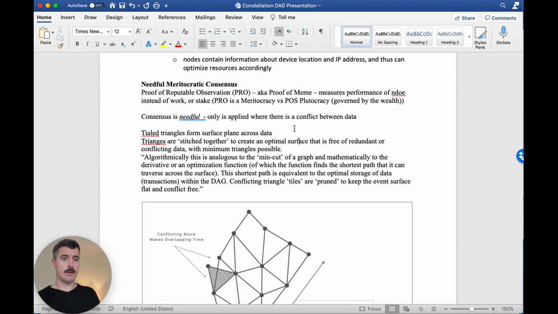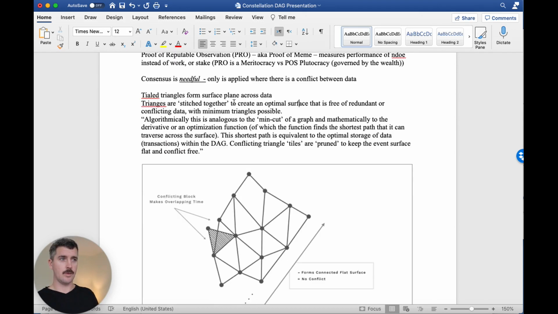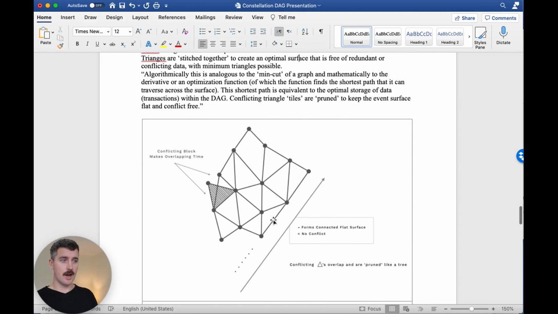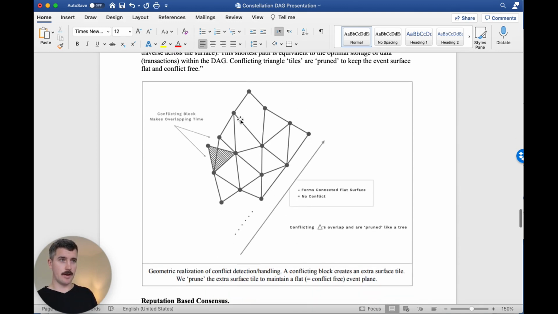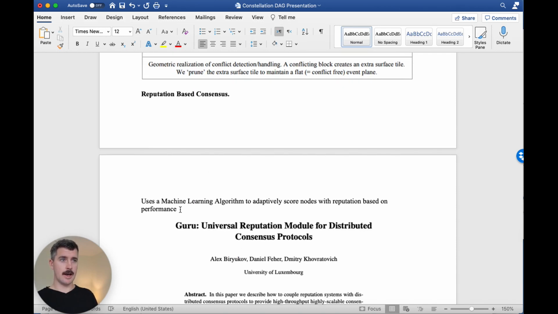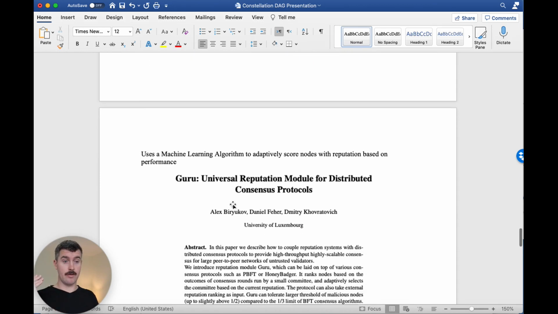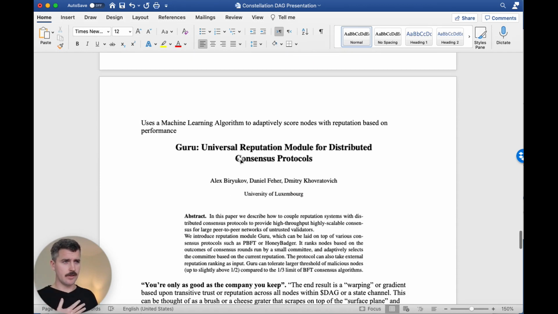So how this consensus is applied to the hypergraph is that where it detects a conflict, it will prune off the triangle that doesn't fit and remove it from the surface of the hypergraph, like shaving it off. And it uses a machine learning algorithm to adaptively score nodes as they perform and they update them. This is the name of the reputation module that they've used.